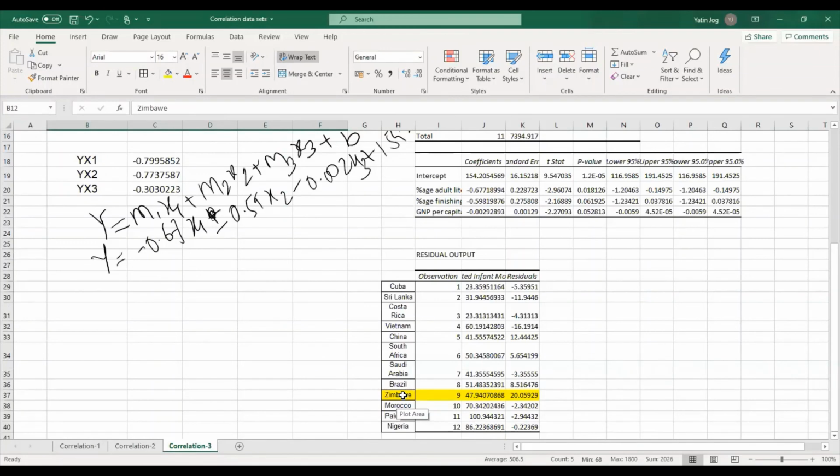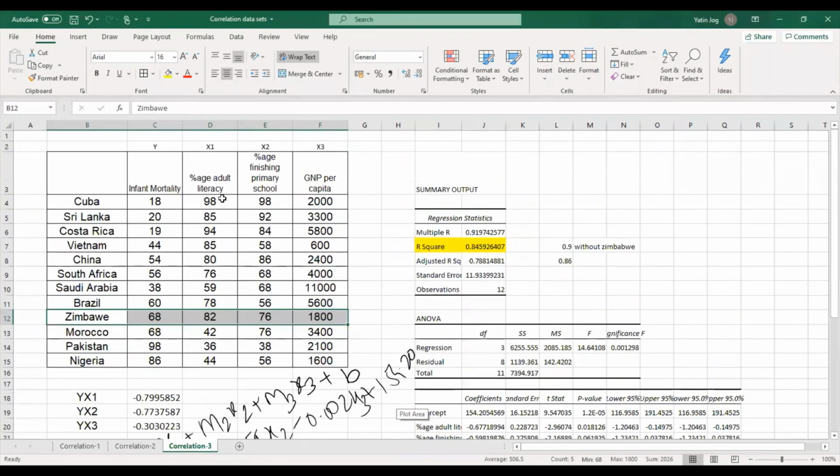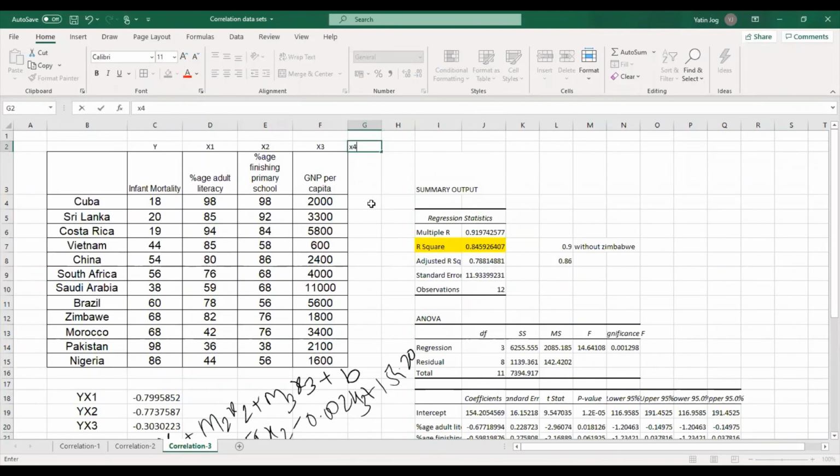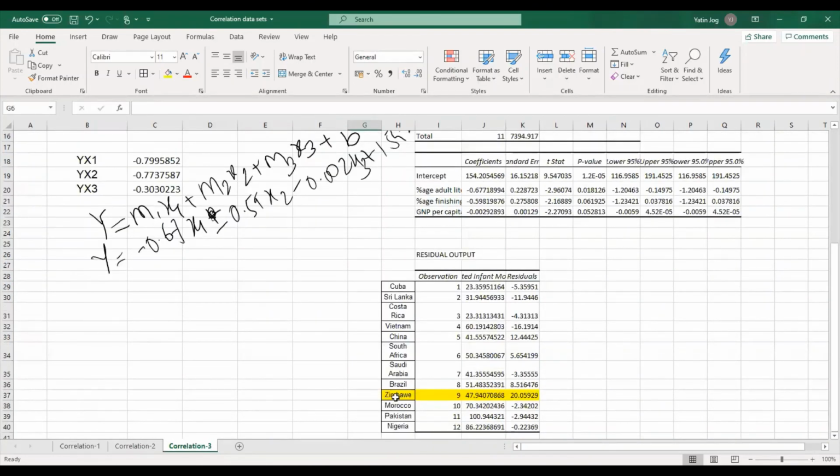So maybe for Zimbabwe, I have to consider a few different variables, or exclude some existing variables. I don't know whether I have to add another x4 so that it will be a good model for Zimbabwe only, or exclude x3 and just consider x1 and x2. I'm not sure whether I have to add a new variable or exclude an existing variable for Zimbabwe.